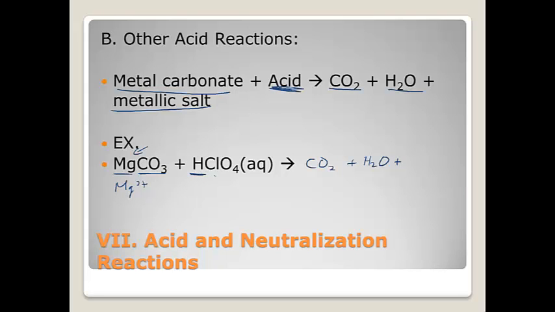So the anion has to be the one that's going to combine with the metallic cation. So that's going to be perchlorate, ClO4 1 minus. So we should get Mg(ClO4)2, because you got a 2 here. Then when you balance it, I need two perchlorates, and that's basically it. It's balanced.